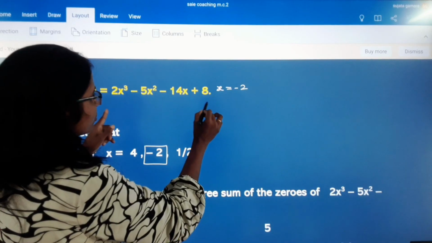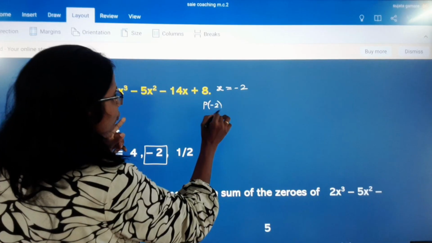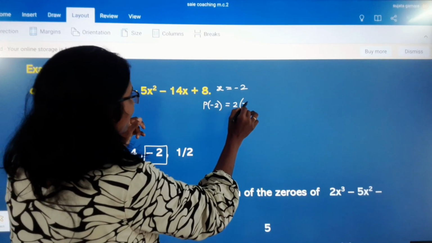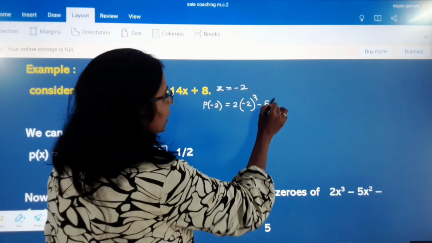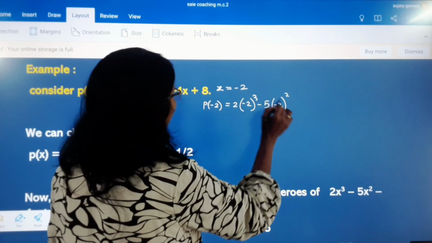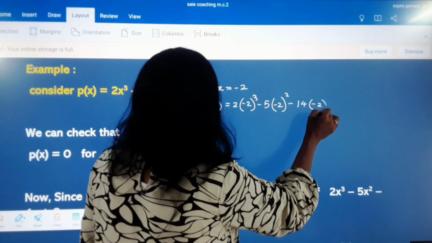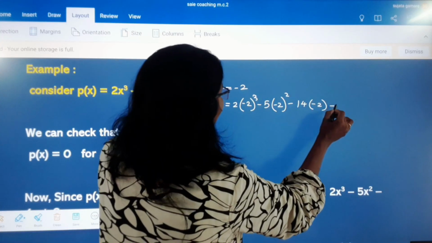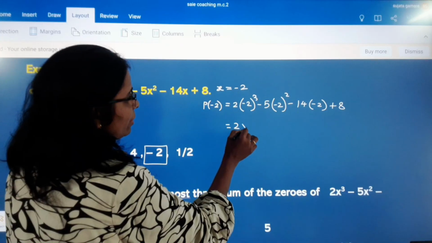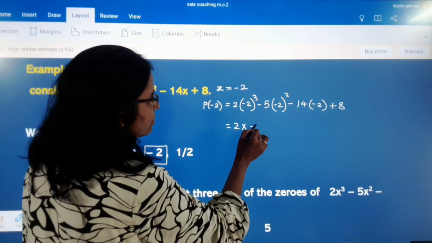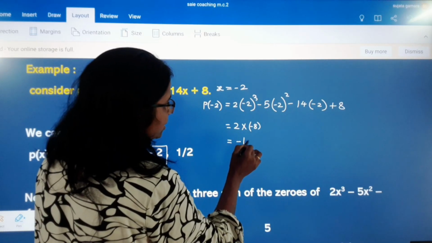Substituting, p of minus 2 is 2 multiplied by the cube of minus 2, minus 5 into the square of minus 2, minus 14 into minus 2, plus 8. Now 2 multiplied by the cube of minus 2, that means minus 8, so the product is minus 16.